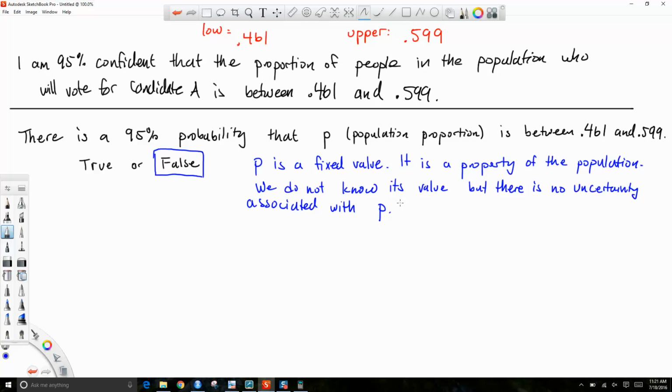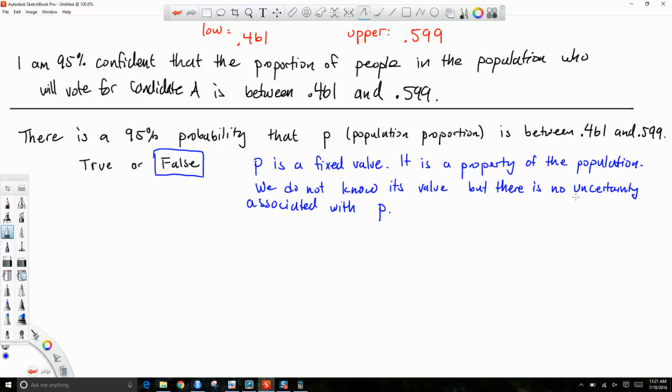Does that make sense? Okay, so the same thing is true here. The population proportion P, it's some number. It's maybe 62%, maybe it's 50%. It's either in between here or it's not. We're 95% confident that P is in between 0.461 and 0.599, but it doesn't make sense to talk about the probability that P is in there or not.